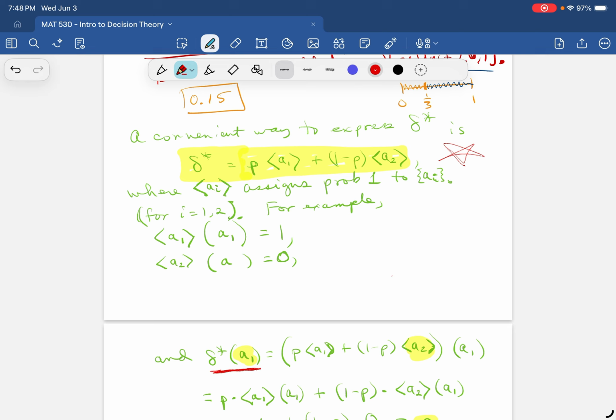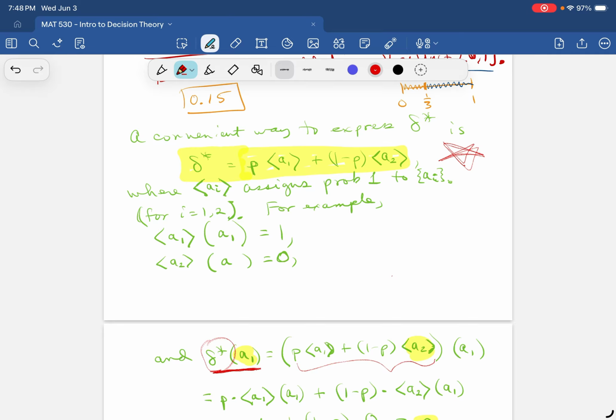Okay, so let's substitute for delta star this here, because that's what we called it up here. And then this is really the sum of two functions.